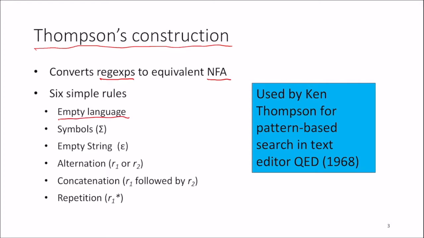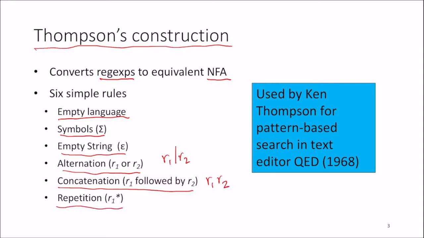The empty language, each symbol in the alphabet, the empty string, alternation, like R1 or R2, concatenation, which is R1 followed by R2, and then repetition, which is the usual star operator. It's called the Thompson construction after Ken Thompson, who first came up with this algorithm for doing search in a text editor called QED back in 1968.